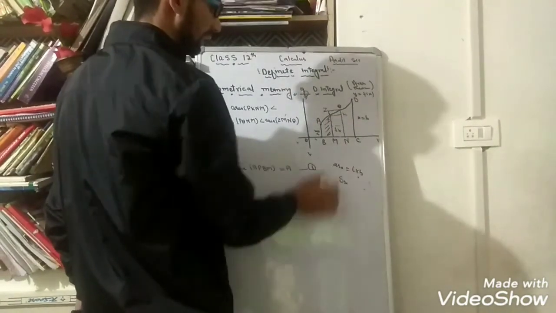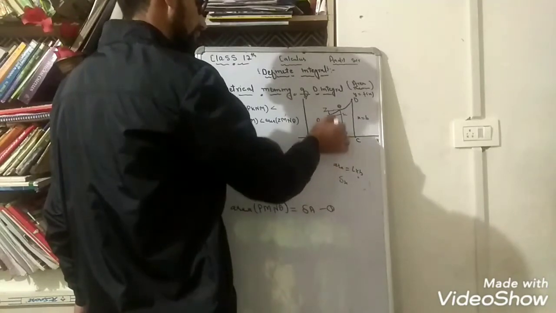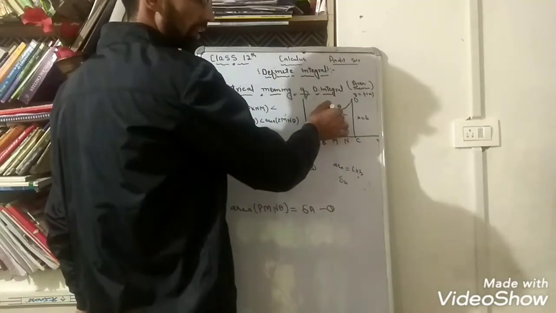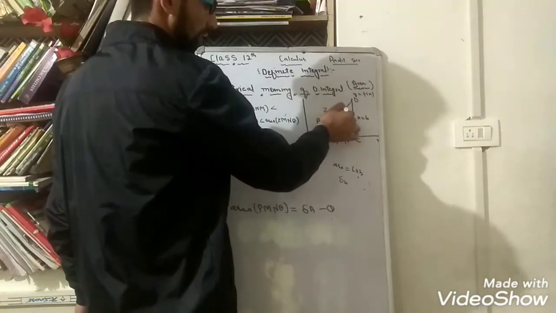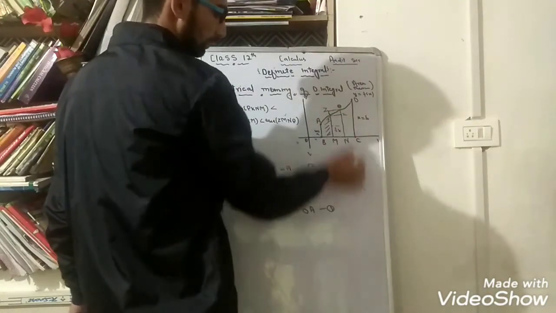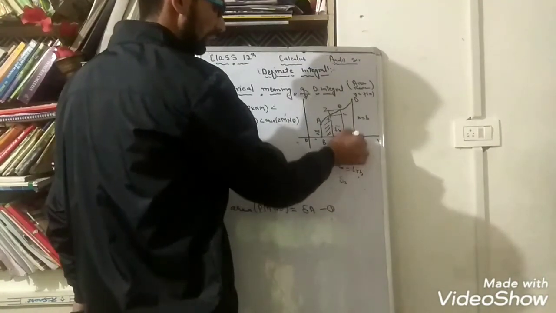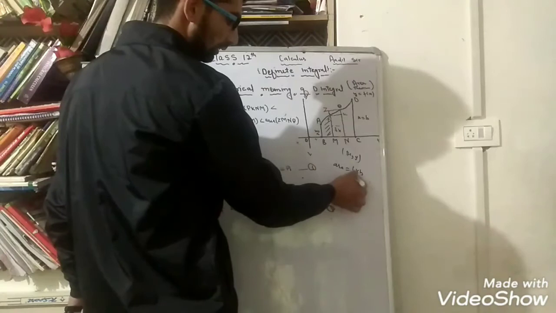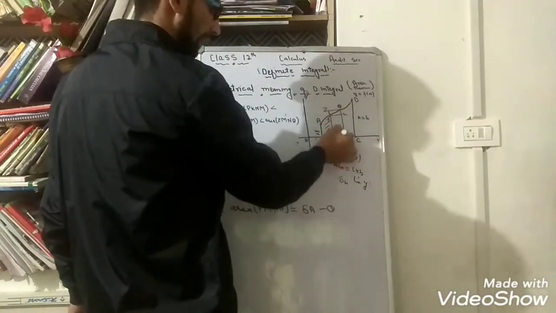What is the length? The length is the distance from the x-axis to this point, that is the coordinate y. Because the coordinates of this point are x comma y, the coordinate y is equal to y. So the length is y. So the length of this rectangle is y and the breadth is del x.